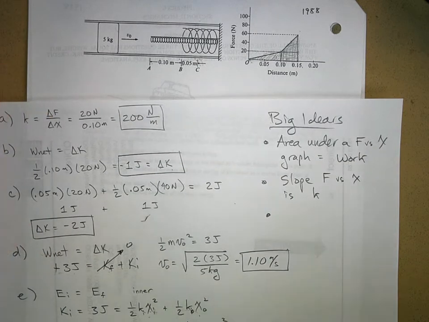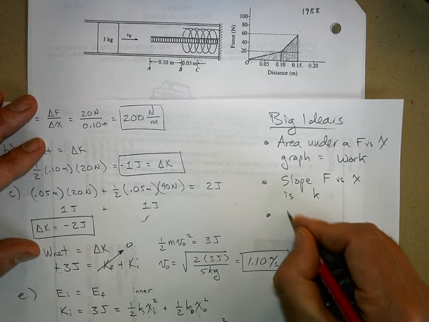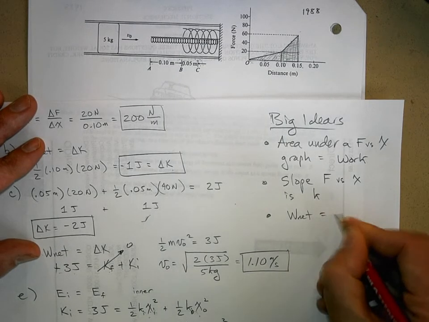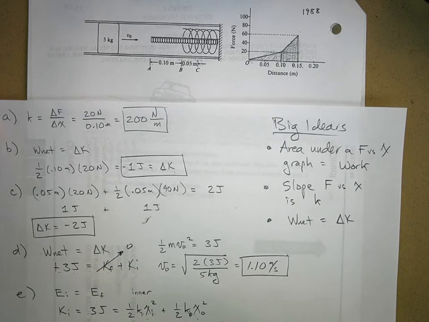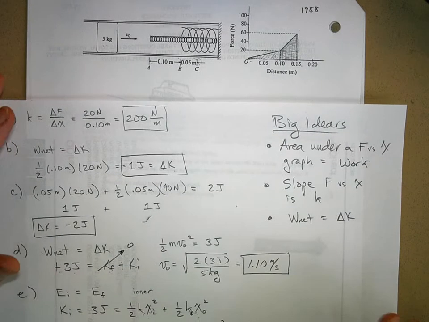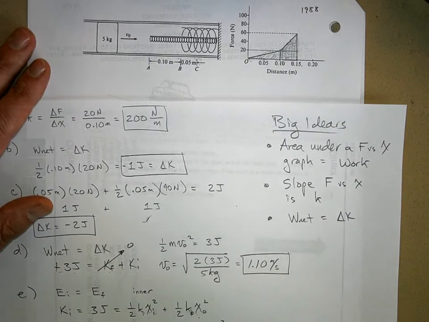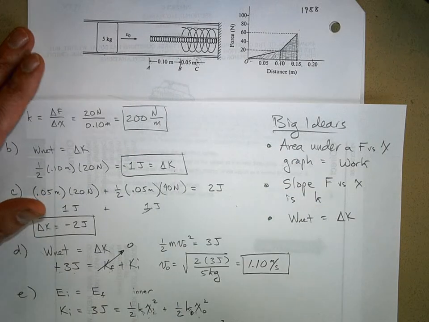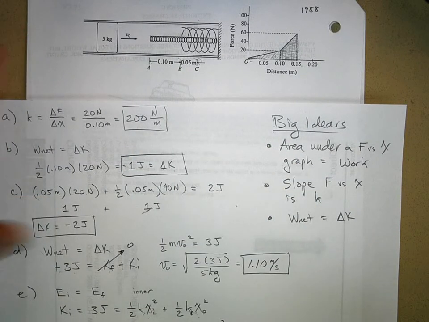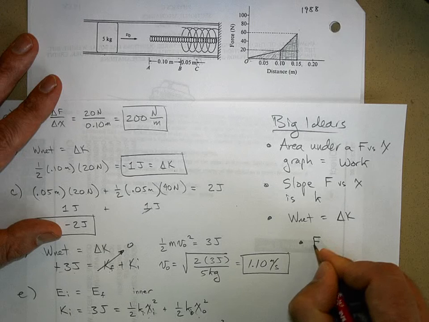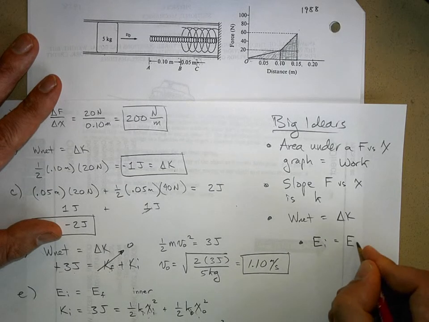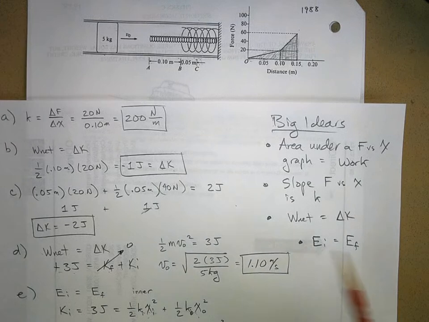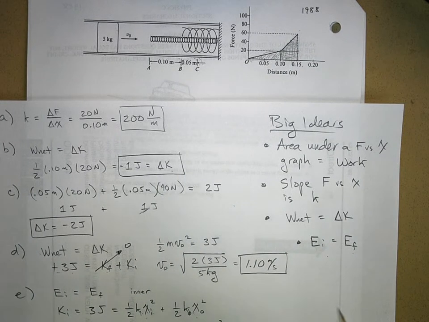Okay? What else did we use? We used the work energy theorem. The net work done results in a change in kinetic energy of our object. And then, of course, we had an exchange. We went from kinetic energy to elastic potential energy. That gives us conservation of mechanical energy. Now, make sure you know when this is true. When is E initial equal to E final?